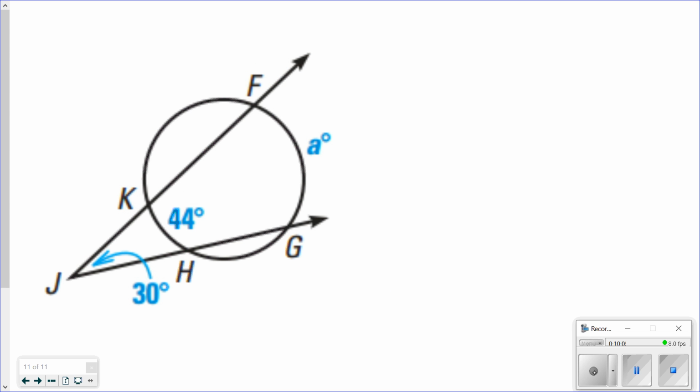And for our last problem here, I want to solve for A, which is this arc measure here. We notice that the intersection is outside of the circle. So would that be using addition or subtraction? It would be subtraction. So we know that 30 is equal to 1/2 the difference of our two arcs.